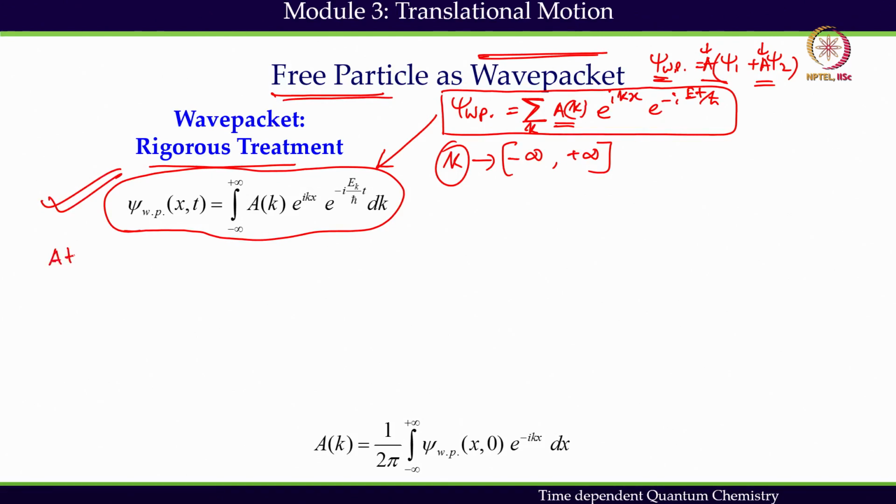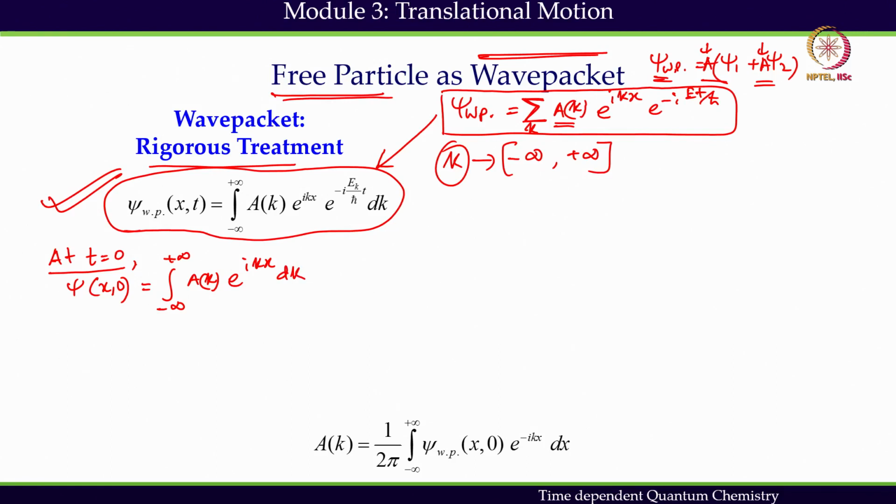Let us see, at t equals 0, the initial time, when the evolution has not started, I should have the wave packet ψ(x, 0), which is nothing but the integral from minus infinity to plus infinity of a(k) e to the power i k x, because at t equals 0 the time term will be gone. So, I have this equation, and this is integration over k.